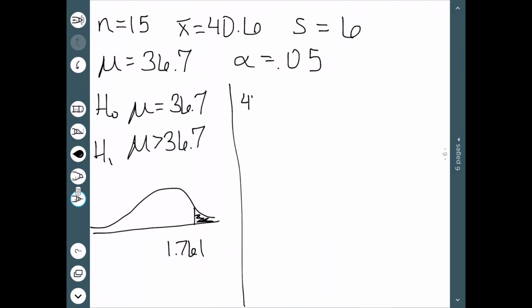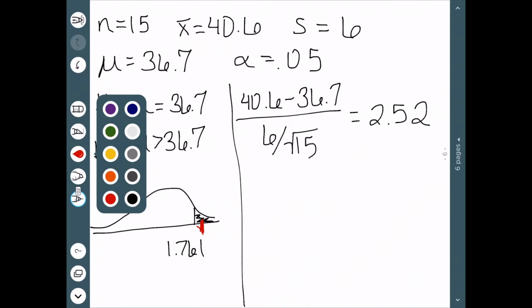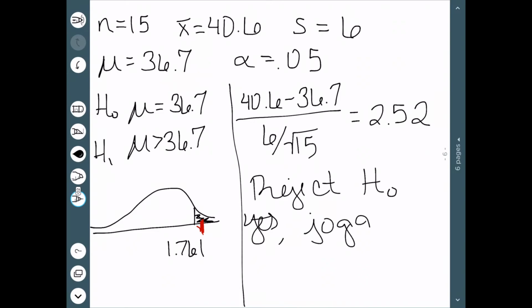That was x bar minus mu over s divided by the square root of n. This gives us a value of 2.52, roughly. And if we look at our picture, 2.52 is definitely somewhere in the shaded region. So that tells us we reject H0. That means H1 must be true. So yes, joggers are higher. This doctor was right that joggers are higher.